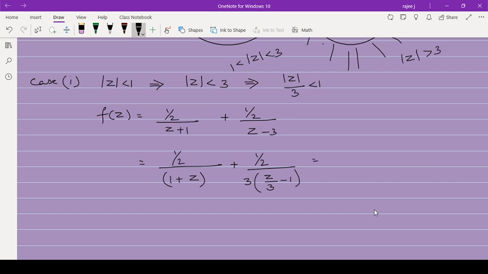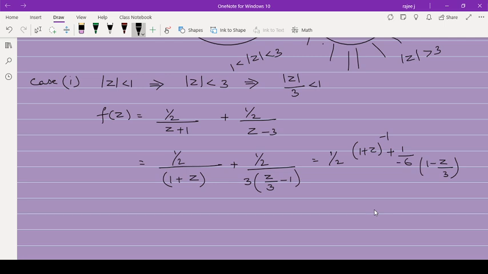So this is equal to 1 by 2 into 1 plus z raised to minus 1, plus 1 by 2, and this 3 becomes 1 by 6 into, here z by 3 minus 1, so we will write it as 1 minus z by 3, and a negative sign is taken outside.